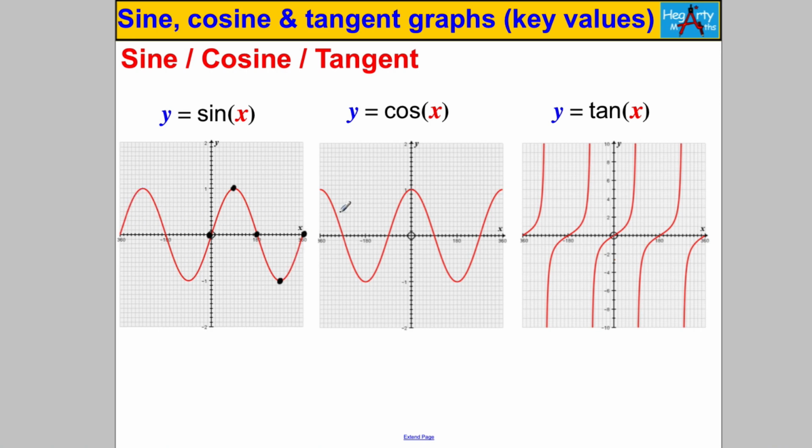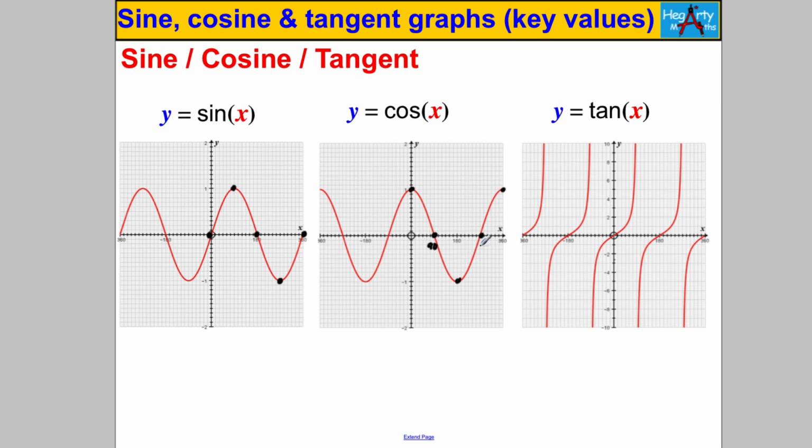Now remember, the cosine graph is very similar to this, other than it starts at when x is 0, y is 1, when x is 90, y is 0, when x is 180, y is negative 1, when x is 270, y is 0, and when x is 360, y is equal to 1.